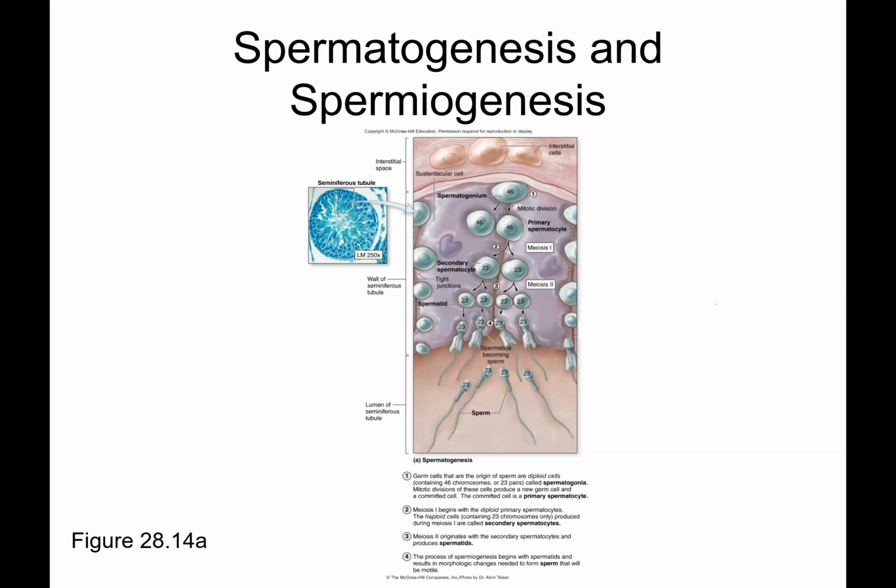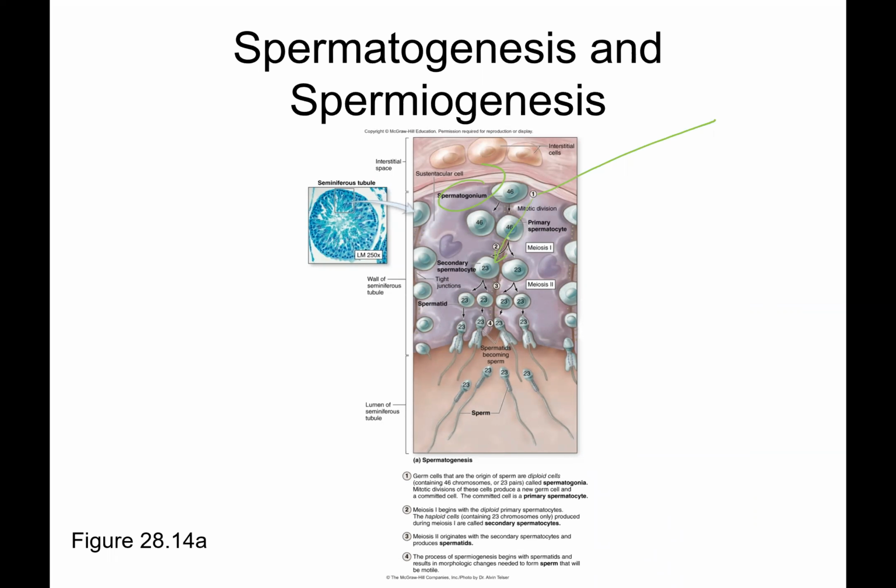Spermatogenesis, or the formation of sperm. In the first part, the diploid germ cells called spermatogonia come from mitotic division, then eventually go into the meiosis phase.